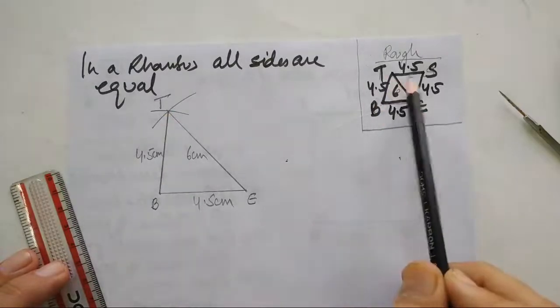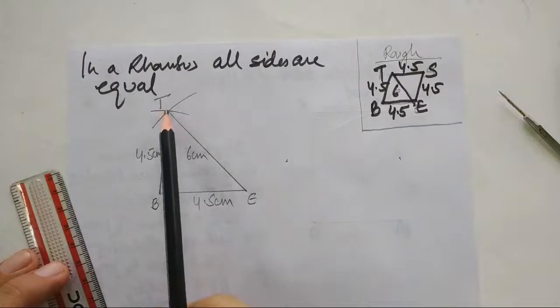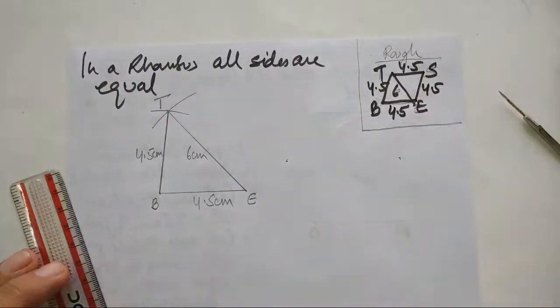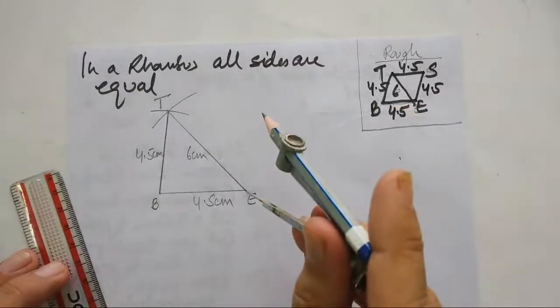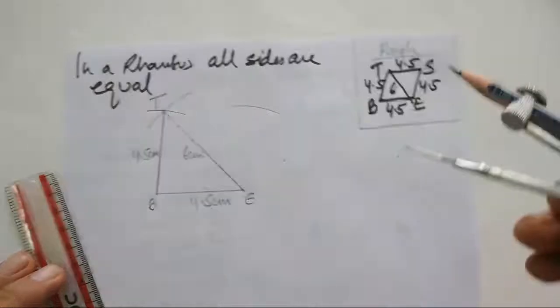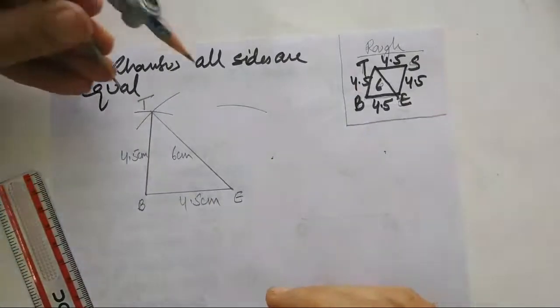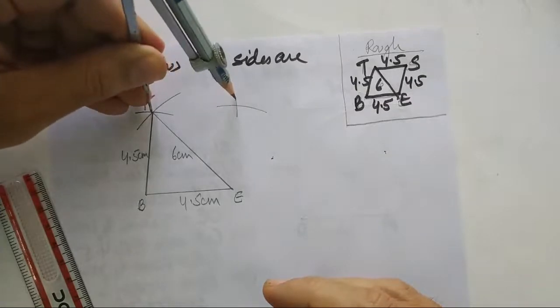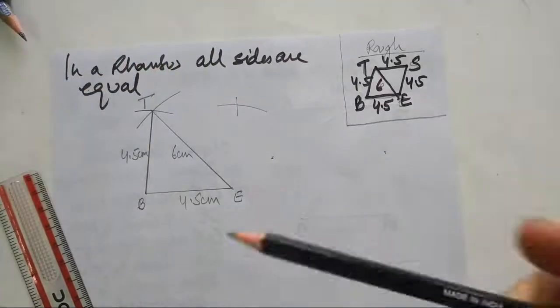Now we have to make this part, which is 4.5. So I will measure 4.5 and 4.5 from here. So 2 arcs which are both 4.5 will be made. So cut the first arc, then put the compass here and cut the next arc. So 2 arcs are made.